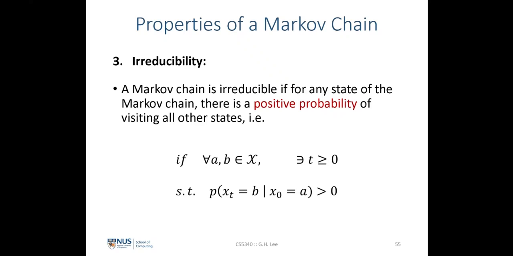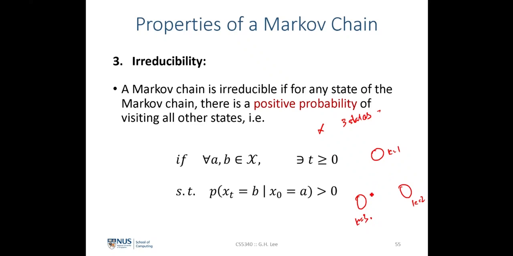So another property of the Markov chain is what we call the irreducibility property. We say that a Markov chain is irreducible if for any state of the Markov chain there is a positive probability of visiting all the other states. In terms of the transition diagram, suppose that each random variable takes 3 states, where k equals 1, k equals 2, and k equals 3.